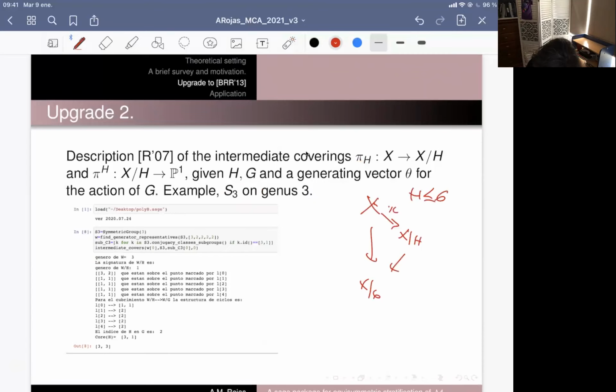So let's call this p_H and this pi up to the H. And the thing is that if you know the signature of the total covering, you would like to know the signature of the intermediate. And this is not always Galois. So here you want to describe, well, the degrees, the index of H, but you want to describe how they ramify over the branch points.